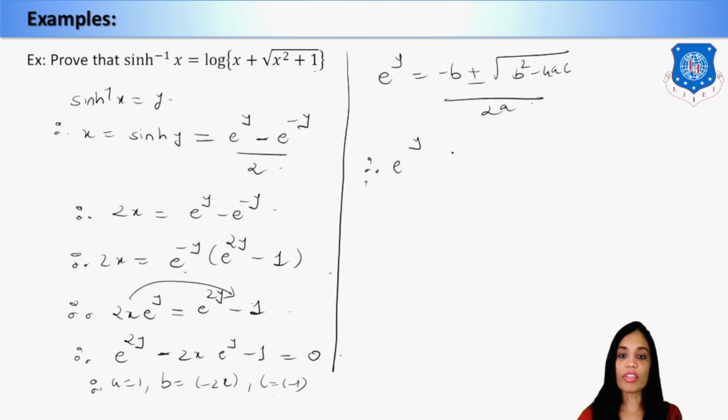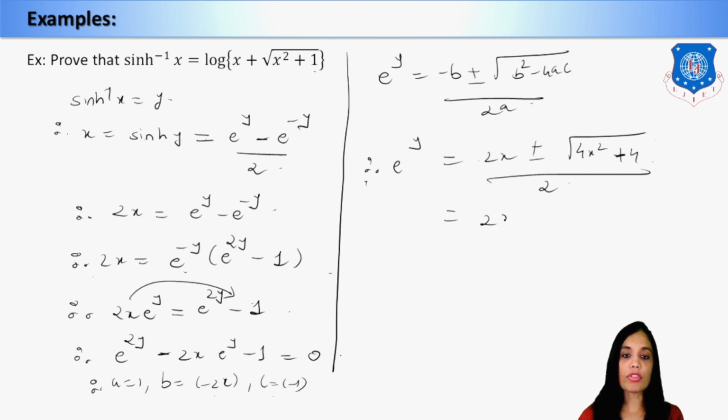So e raised to y is equal to 2x plus or minus under root of b square, which will be 4x square minus 4 into 1 into minus 1, so plus 4, upon 2. So from this we can take out 2 common: 2x plus or minus 2 under root of x square plus 1 upon 2. Take 2 common. So finally e raised to y will be x plus or minus root of x square plus 1.